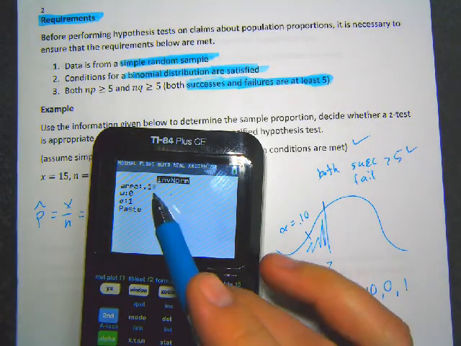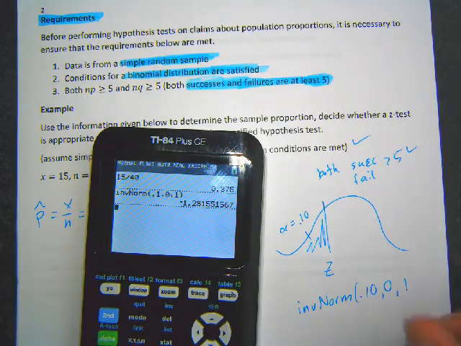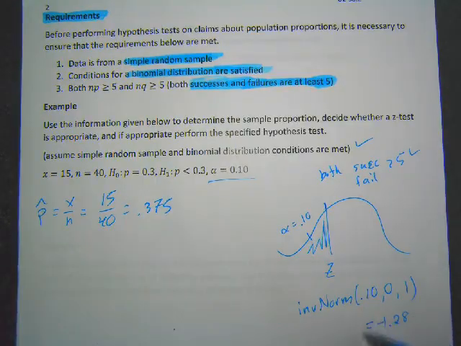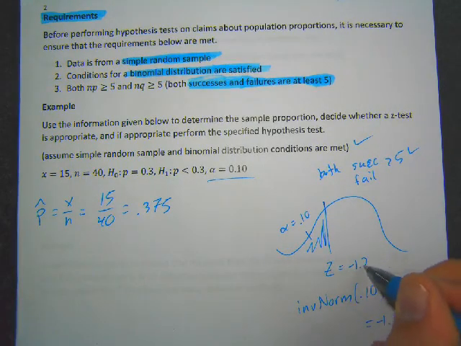So we put the 0.1 area in there, 0 and 1 for mean and standard deviation, hit paste, and that gives us our value. So our z-score for this, our critical value, would be negative 1.28. So we're looking for the test statistic to be extreme enough that it would be beyond this critical value. So that would be our critical value, negative 1.28.